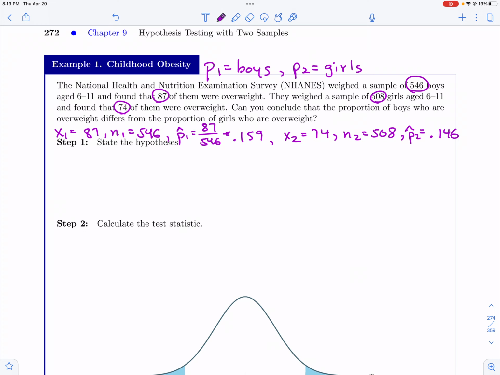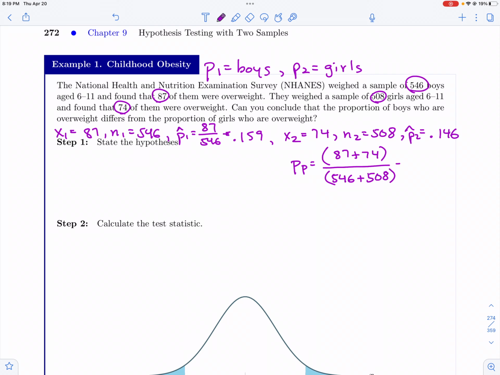All right, so now that we've got our two sample proportions, let's calculate our p pooled while we're at it here. Our p pooled, which I'm going to abbreviate as pp, is going to be our x1, which is 87, plus our x2, which is 74, all divided by our n1 and then our n2.